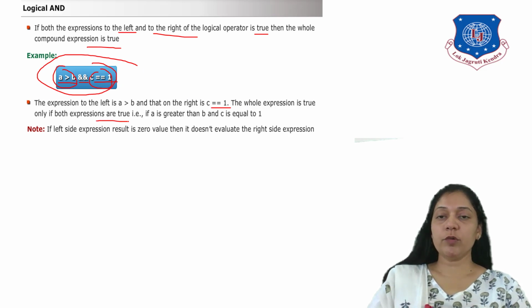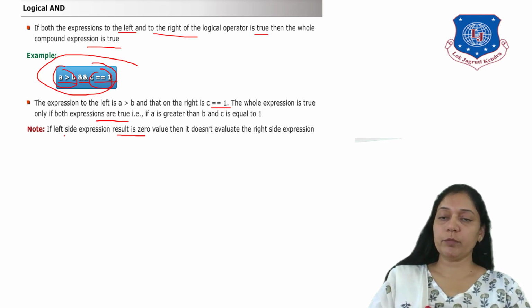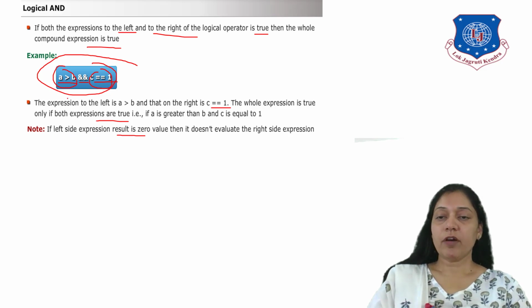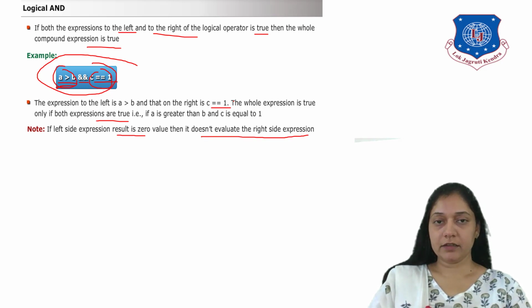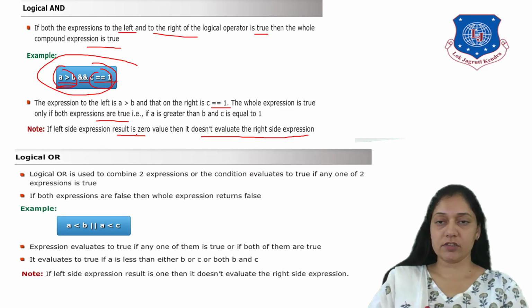This whole output would be true only if both expressions are true. If any expression value is 0 or false, then the output would be false. One more important thing to note here is, if the left side operation is false, that is a 0 value, then the right is never evaluated by the compiler. It will directly give you a false output. So whether the right expression is true or false, it doesn't matter if the value of the left expression is false, or you can say a 0 value.